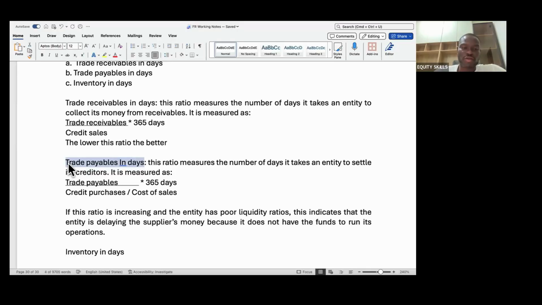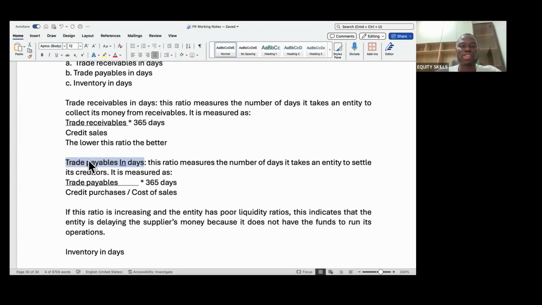So usually it now depends on your ability to negotiate an extended period from your supplier. If you negotiate an extended period with him, then it's good for you. It gives you leverage, it gives you time to sell. Then it is the money that you recover from selling that you can use to pay.